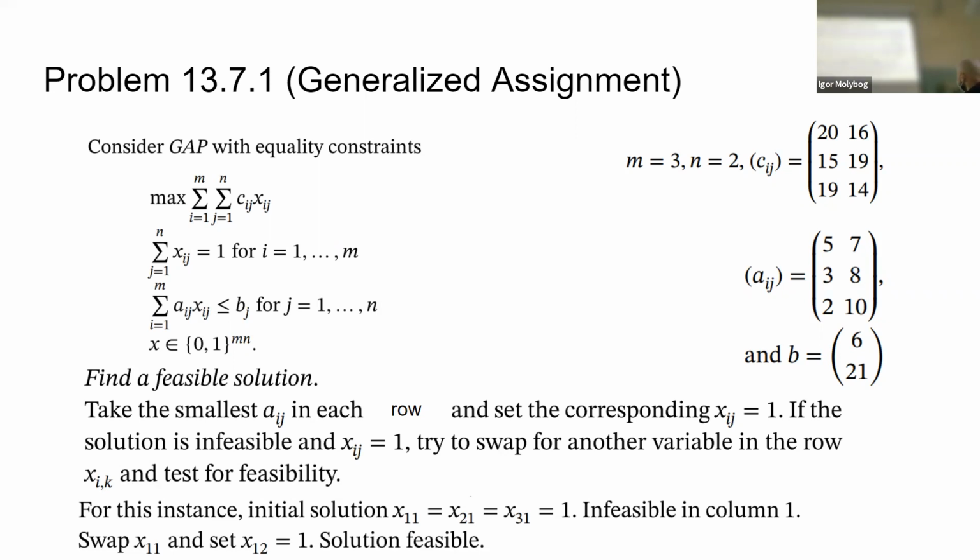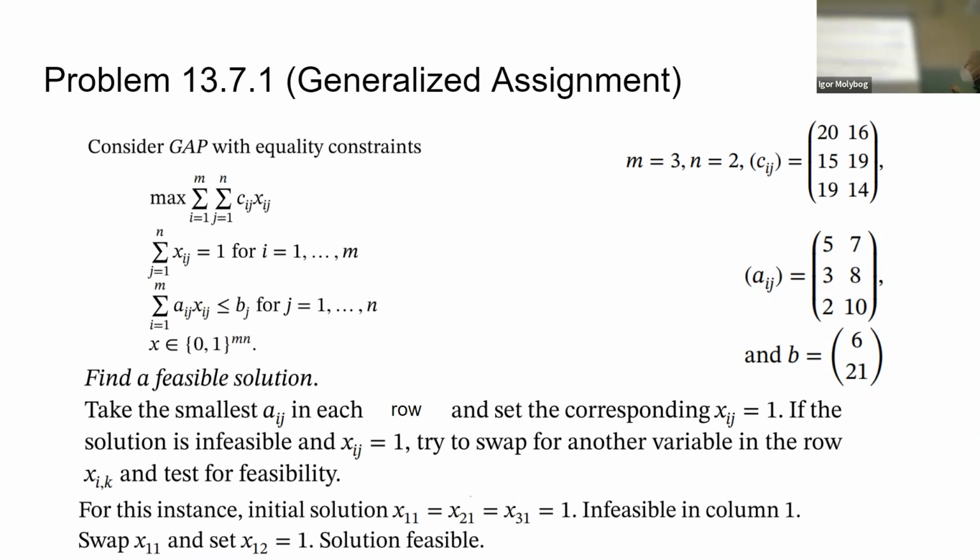If we write down the summation for a column, here it would be equal to 5 plus 5, here it would be 10, and here it will be 0. And we see that 10 is in fact greater than 6. Therefore, the solution here isn't feasible.